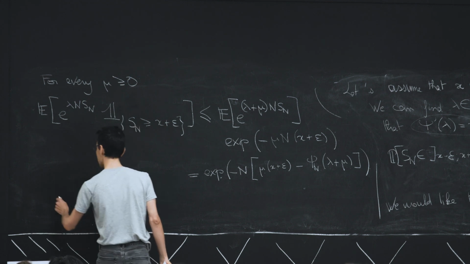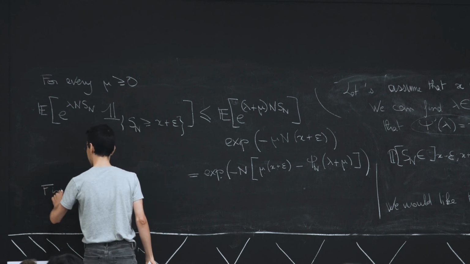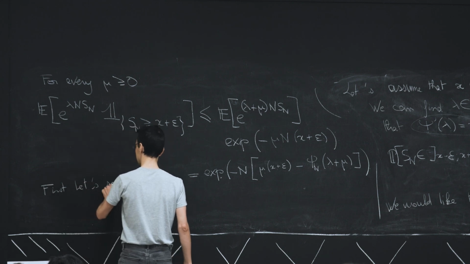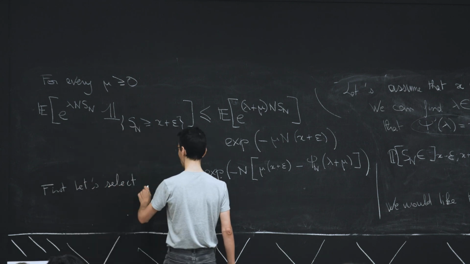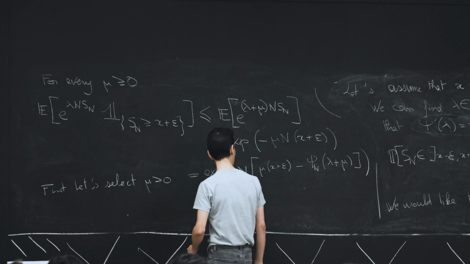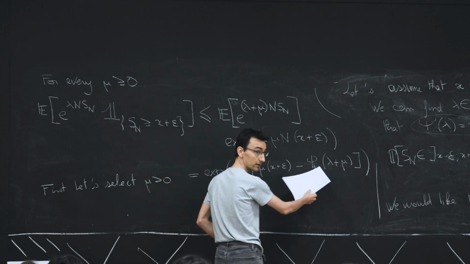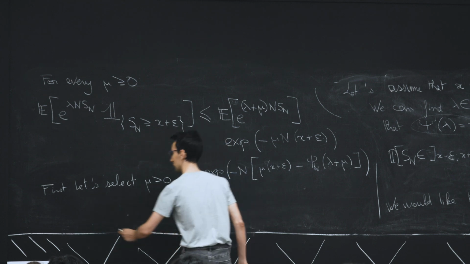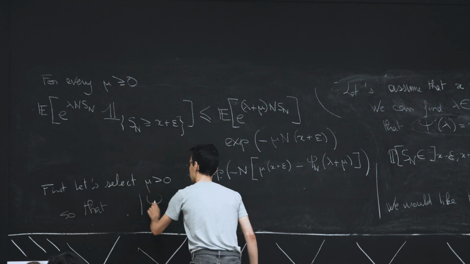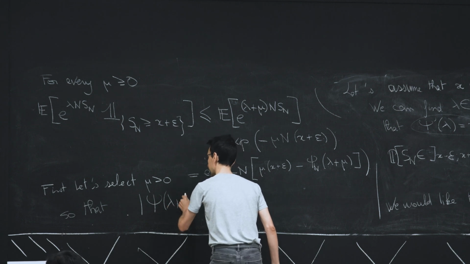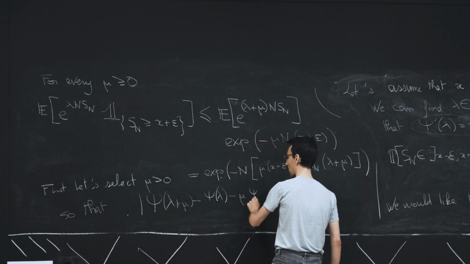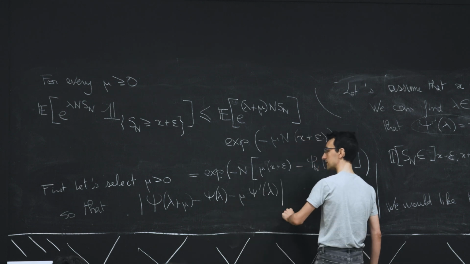So let's first select mu positive, but sufficiently small that we can have this working, but for psi. So that psi of lambda plus mu minus psi of lambda minus mu psi prime of lambda is really small.